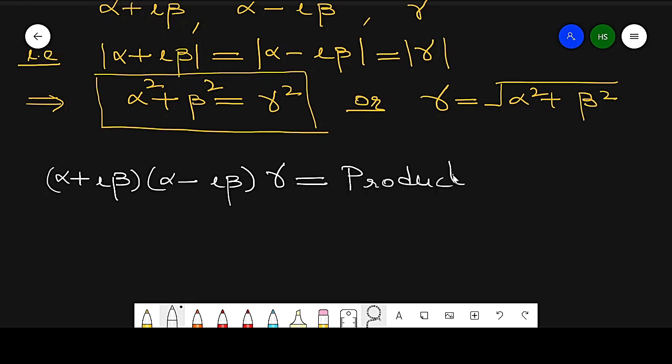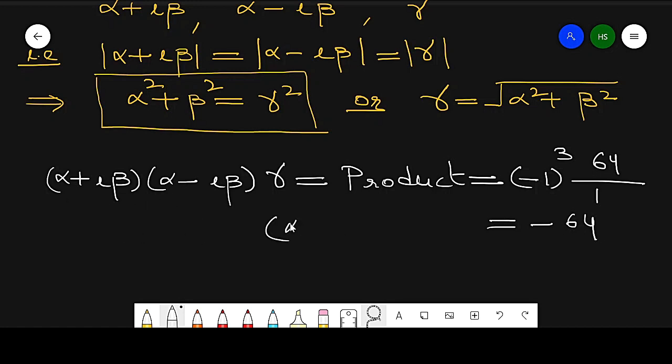So by using Vieta's lemma, what we get? We get minus 1 raised to power 3, 64 over 1. So this is equal to minus 64. So from this we get alpha square plus beta square into gamma.